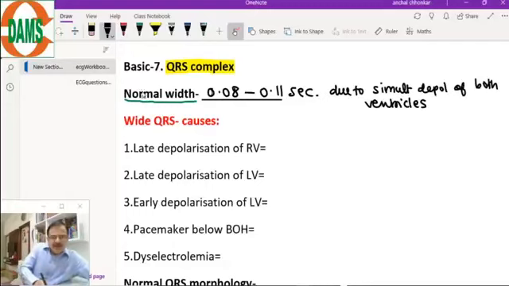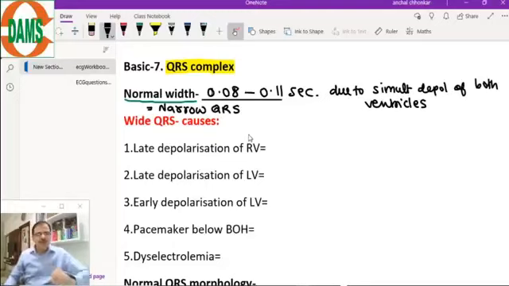Also, whenever normal width comes, this is equivalent to a narrow QRS complex. So narrow is not an abnormality. Whenever a narrow QRS complex is given, assume it to be a normal width of QRS. It ranges from 0.08 to 0.11 second, because both the ventricles are getting depolarized simultaneously. So the time taken is less.